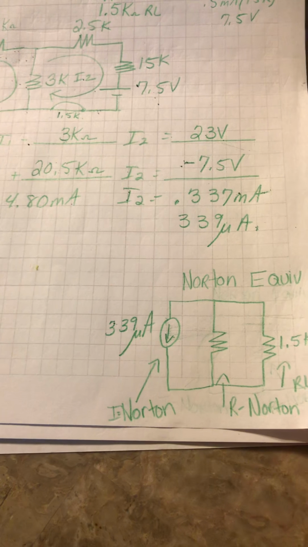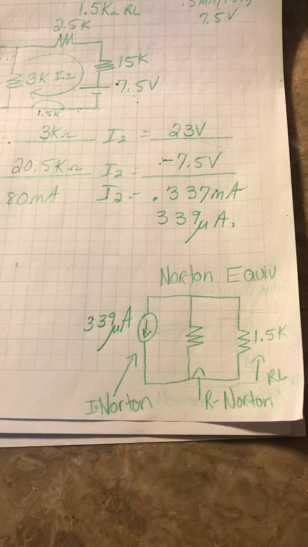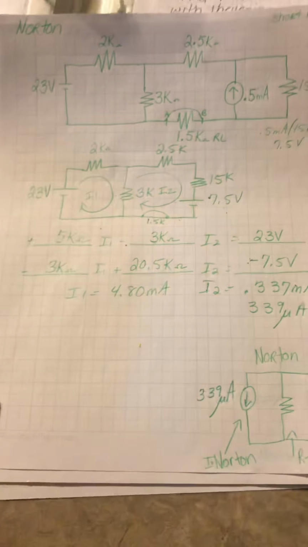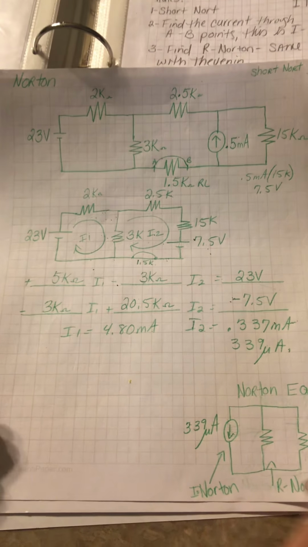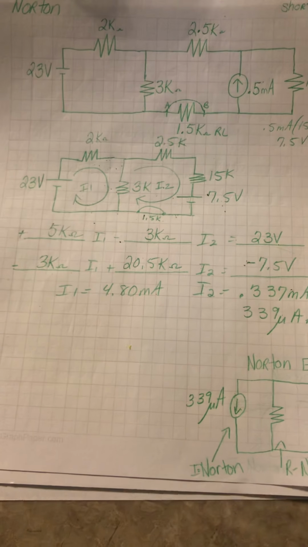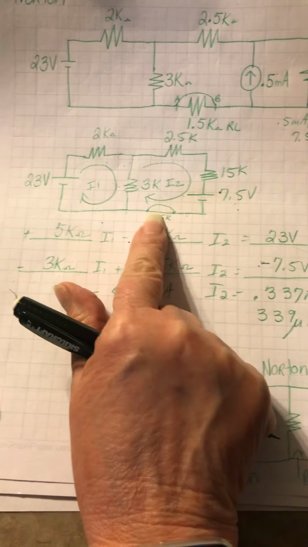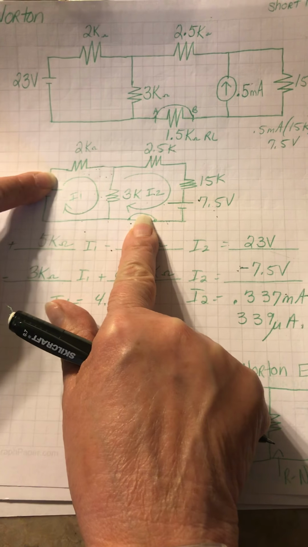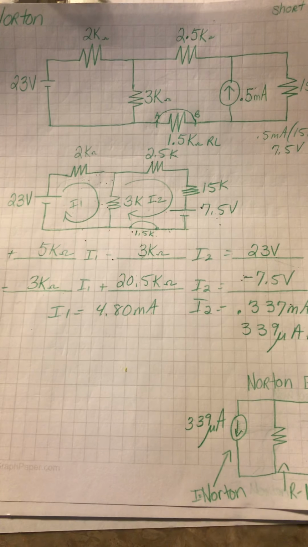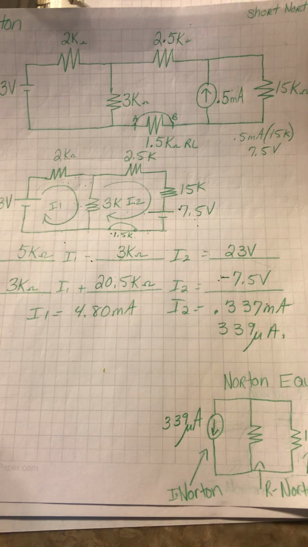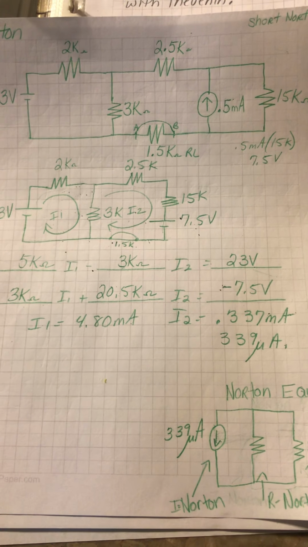To get R Norton, remember we do the same thing like we do Thevenin. We short the batteries and open the currents. And then your Norton would be here. You're going to look back. So in this case, if your battery was here and you shorted these two, you have to work on this side. Okay? So we have to get 2K in parallel with 3K. Go ahead and get that.